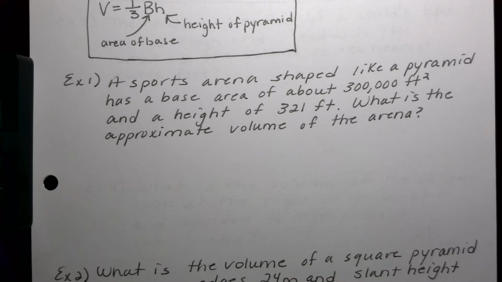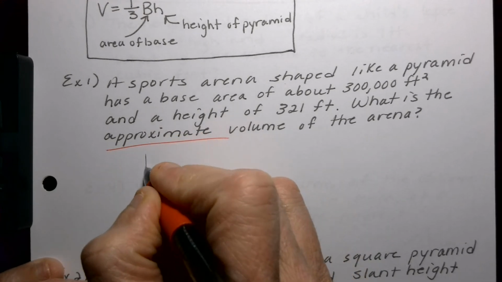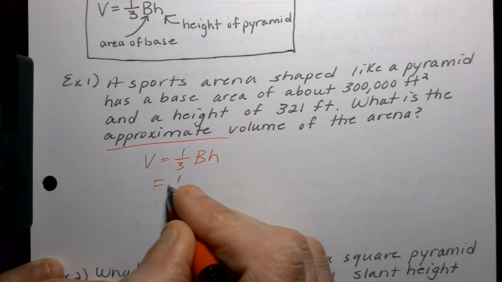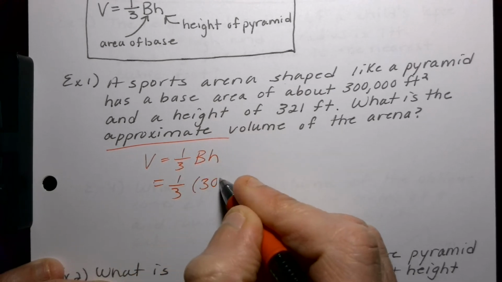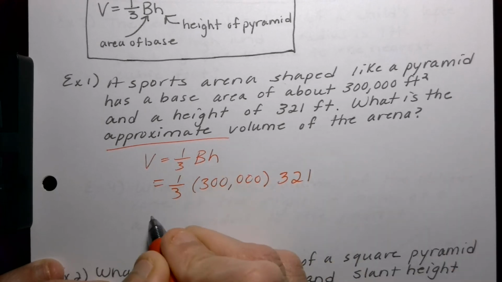But let's try it. A sports arena shaped like a pyramid has a base area of 300,000 feet squared, and a height of 321. What's the approximate volume of the arena? So 1/3 base times height. That was easy. They gave us everything we need.